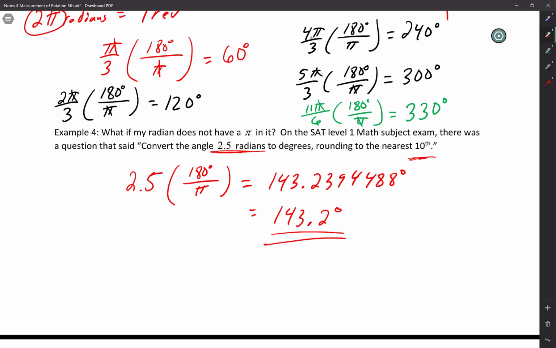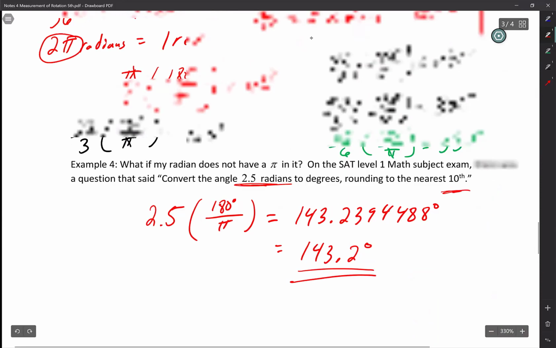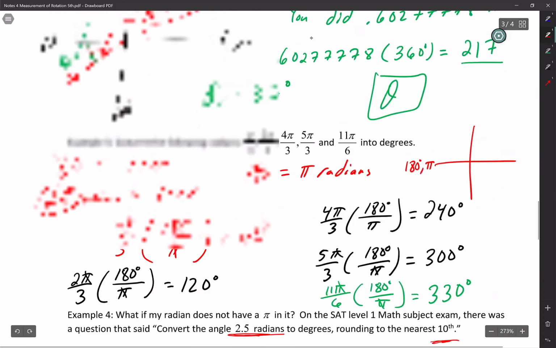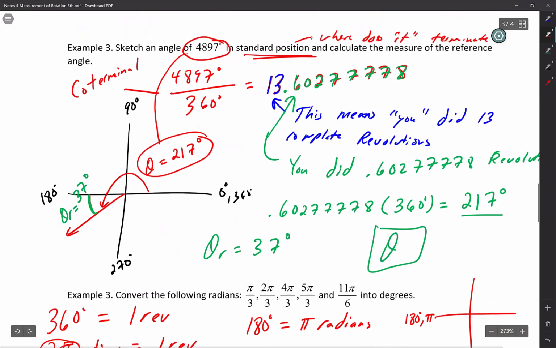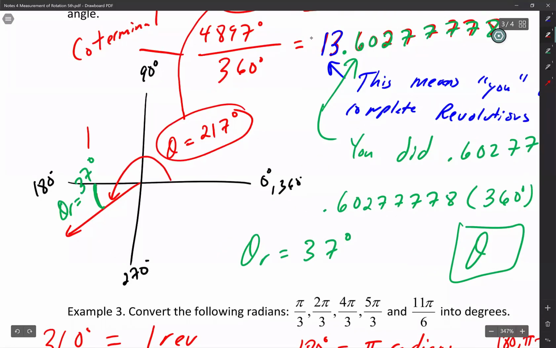If you don't put a degree symbol, let's say I told you to give me 217 degrees or give me the reference angle, and you don't put the degree symbol there, it's going to be wrong, guys. Because if you tell me some angle and you just write 37, that means it's a radian, not a degree.